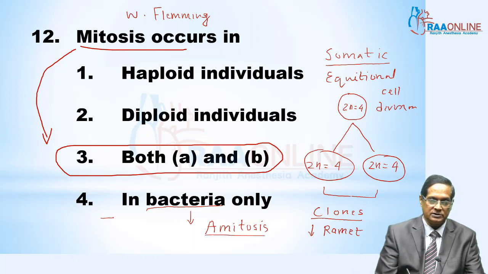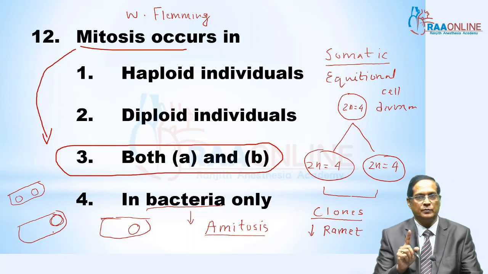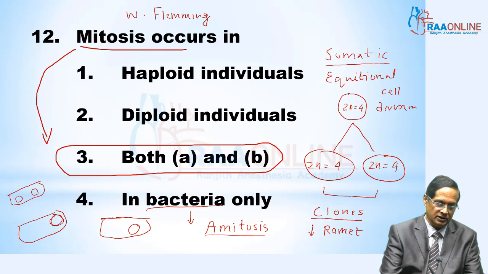In amitosis cell division, there is a direct duplication and division of genome. The genome duplicates, followed by distribution of the genome, and then animal cell like cytokinesis takes place.